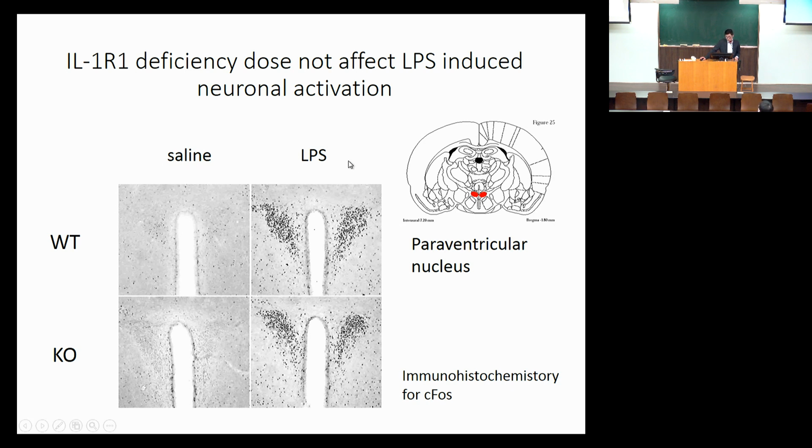When you inject LPS into the mice, these black dots increase, meaning activated neurons are increased. If you compare these two, wild type and knockout have a similar level of activation of the neurons. It means knockout mice have normal responsiveness to the LPS injection.